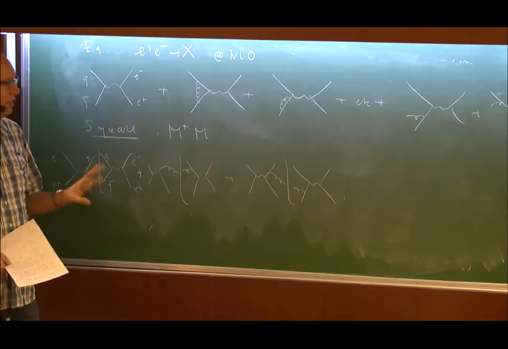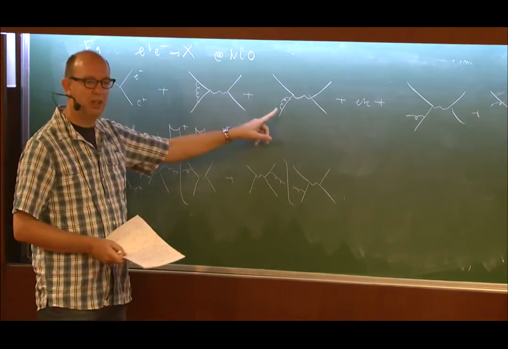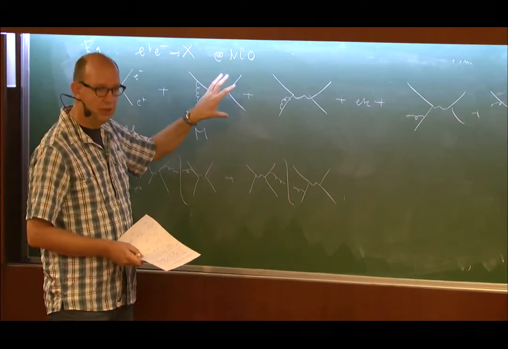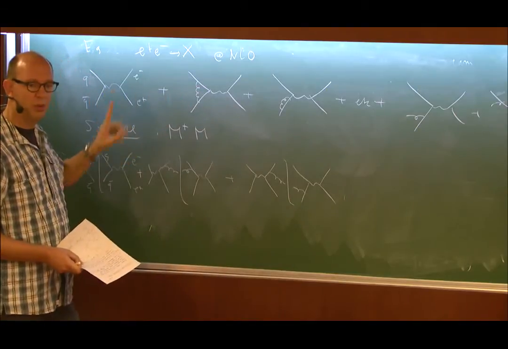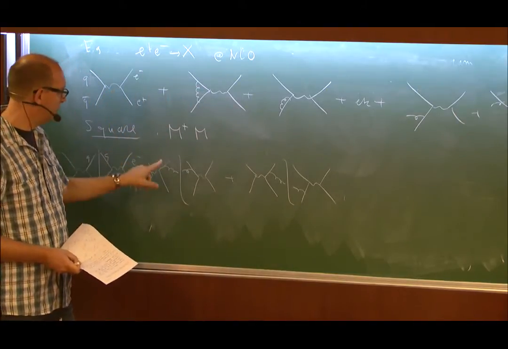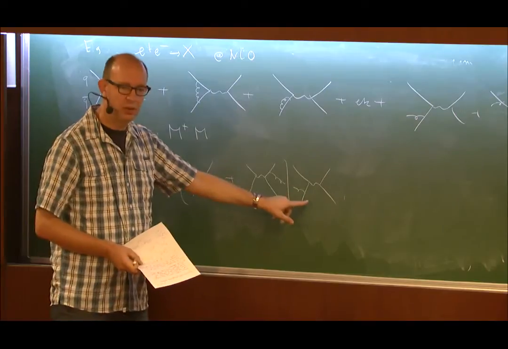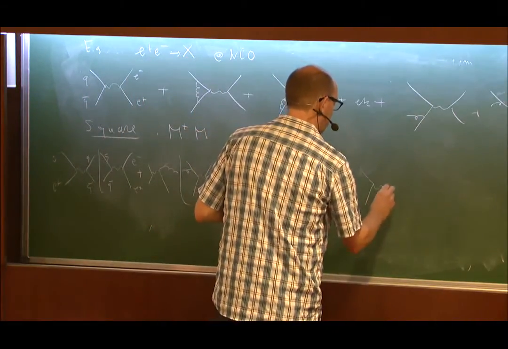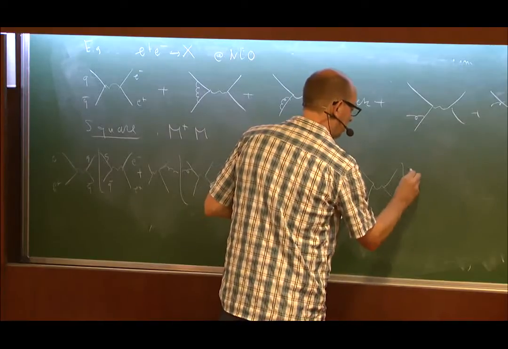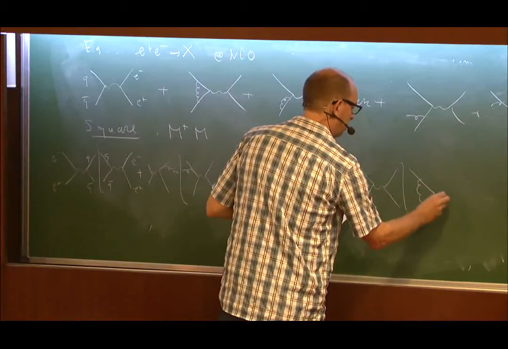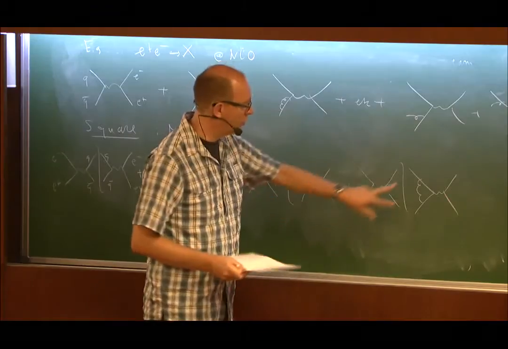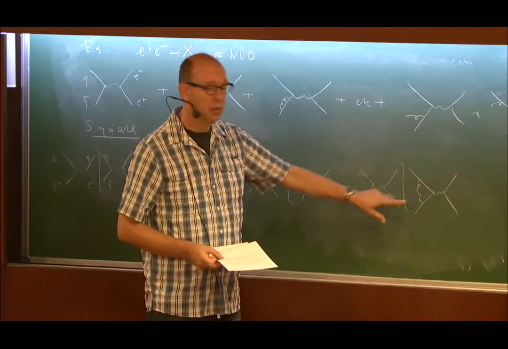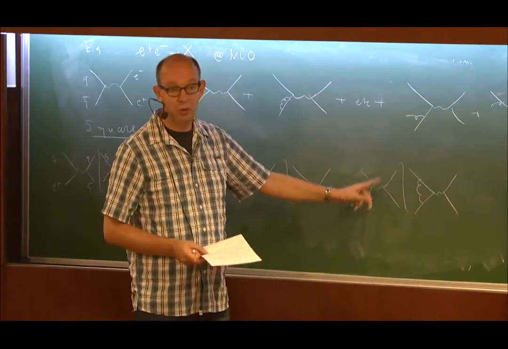Yeah, so what you get at this order is not this thing squared, but the interference term only of this with the Born, because I only want 2 extra powers of the coupling. You have 1, 1, 1, 1, that's okay. But here I need this, because this is also only 2 powers of the coupling. If I had also the loop here, I would have 4 powers of the coupling.